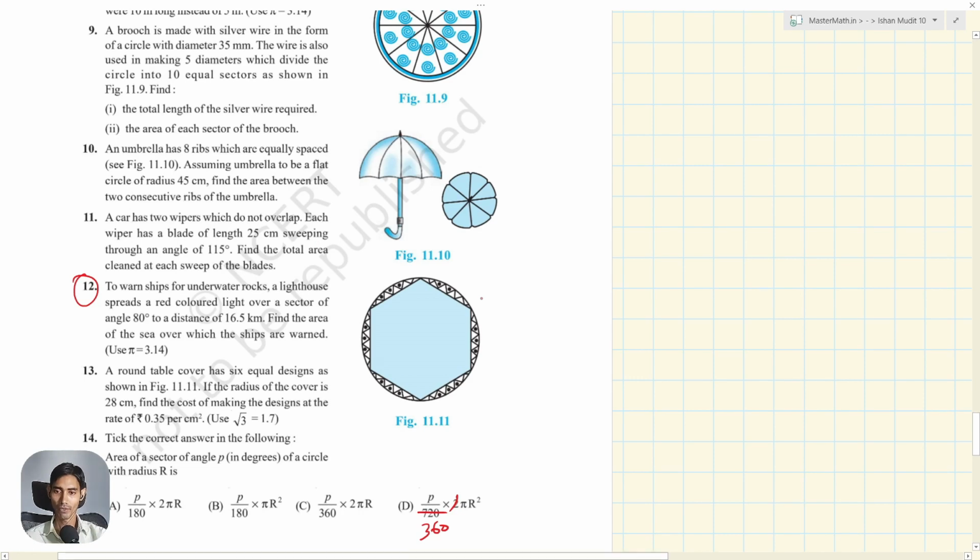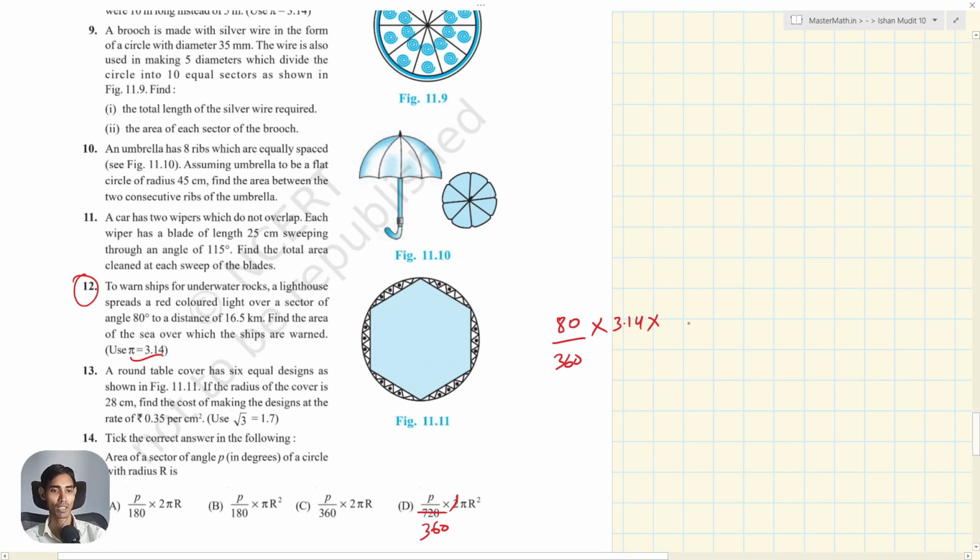Did you get a final value after solving? 4,465.77. We have to use pi as 3.14. Yes, sir. I have tried both ways and I still got the same.